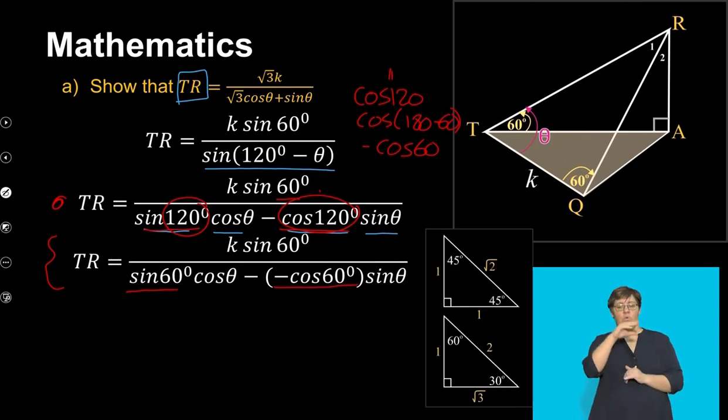Right, so now when you're multiplying out, just don't forget that you need to multiply those two negatives and they'll give you a positive.